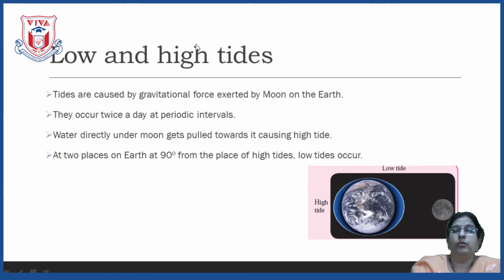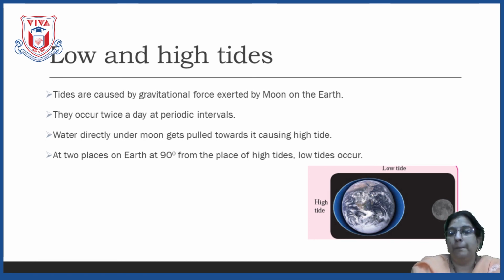Now here, what is the cause behind the high tide and low tide? As we have learnt in Newton's law of gravitation, every two objects in the universe attract each other, there is a force of attraction between any two objects in the universe.